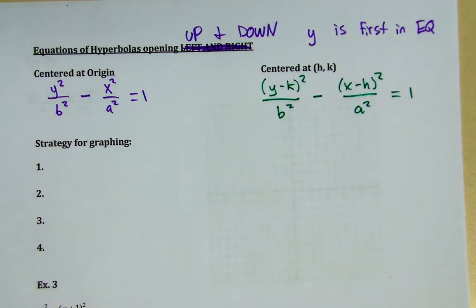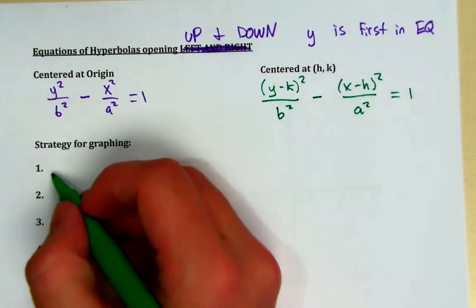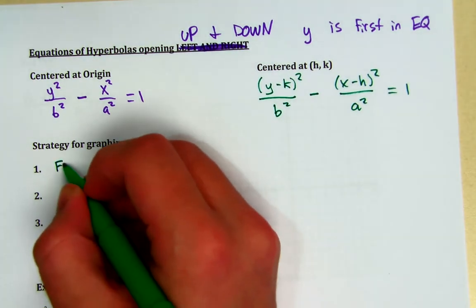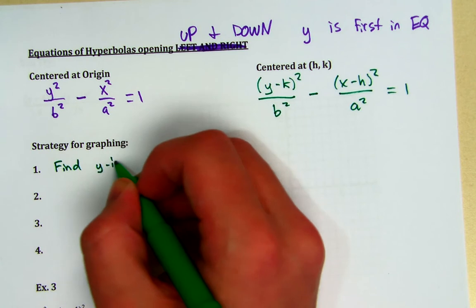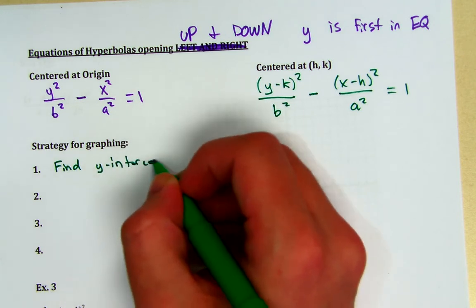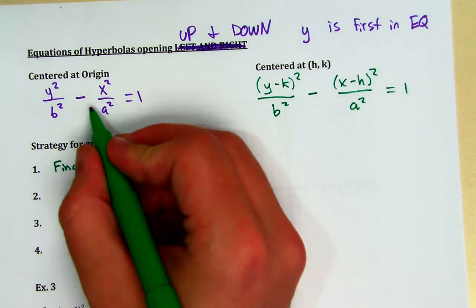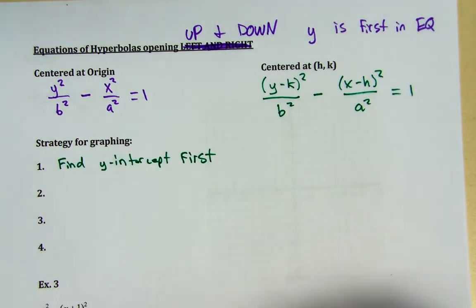So our strategy for graphing, if it's at the center, instead we're going to find the y-intercept first. So that's when the center is the origin.